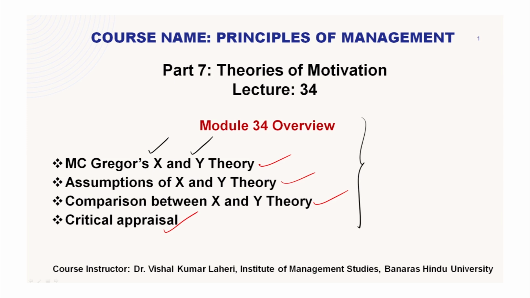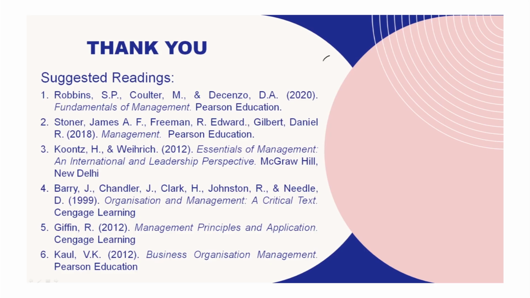We have discussed the assumptions of theories X and Y, made a critical comparison between them, and lastly, the different kinds of challenges in using this theory in the business domain. I leave you with some suggested books that will be helpful in understanding this theory. And in the upcoming session, we will be discussing Ouchi's theory Z.